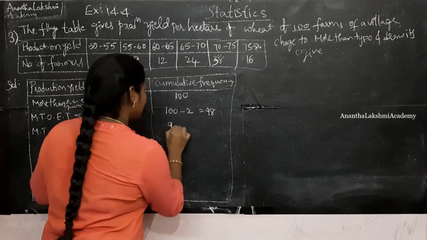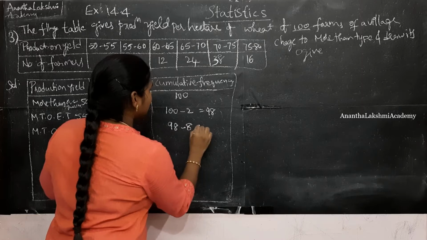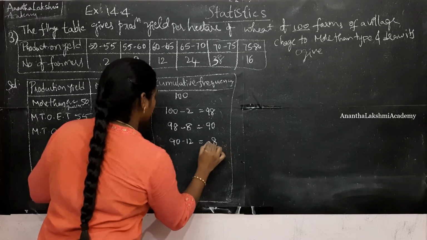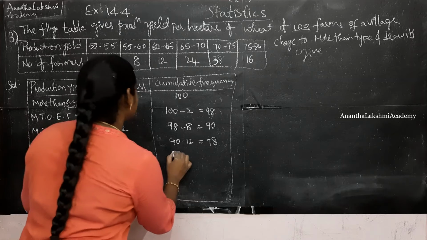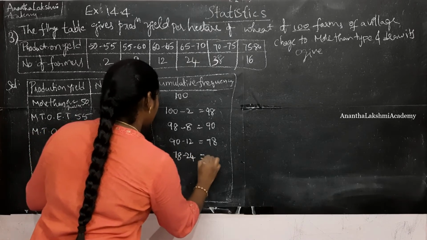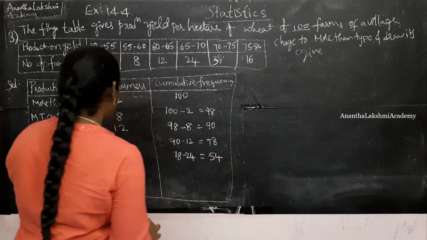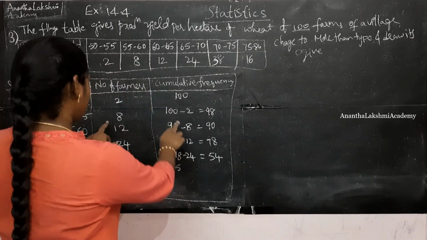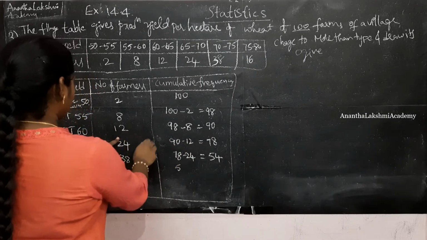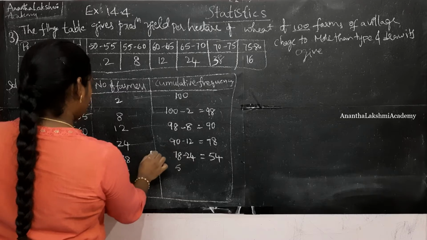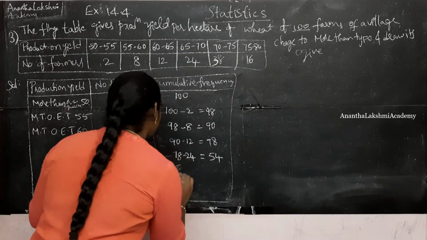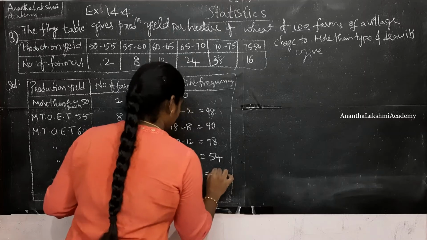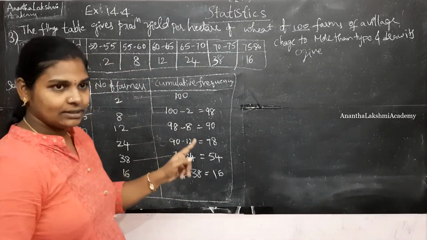As I have already explained it there, I am not going to explain the same here. 98 minus 8 is 90, and then 90 minus 12 is going to be 78, and 78 minus 24 is going to be 54, and then 54 minus 38 is 16. Okay, this is about the cumulative frequency.